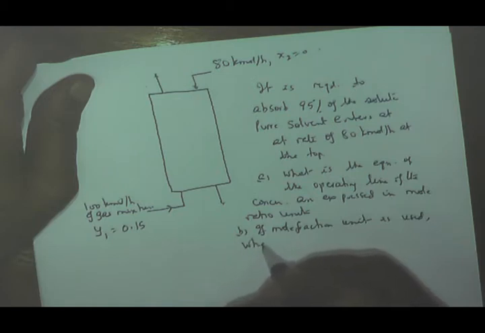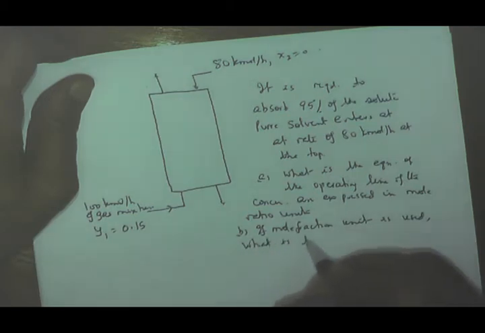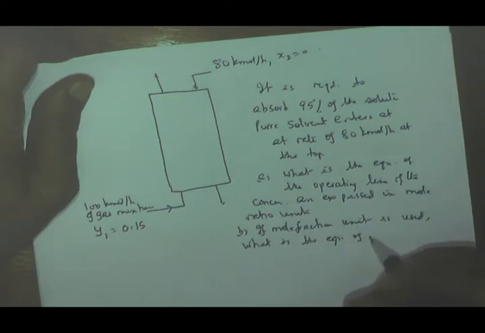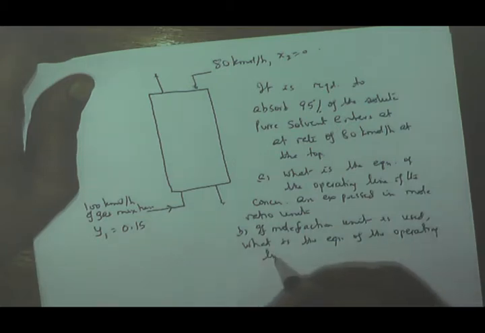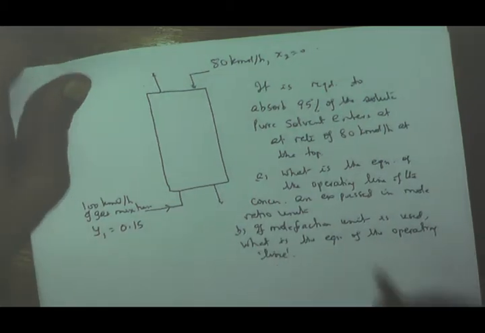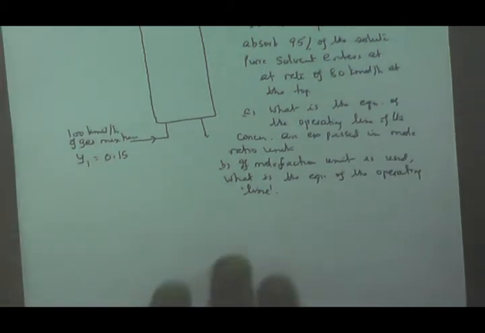What is the equation of the operating line? Actually, I shouldn't call it line, it will be a curve, but anyway.